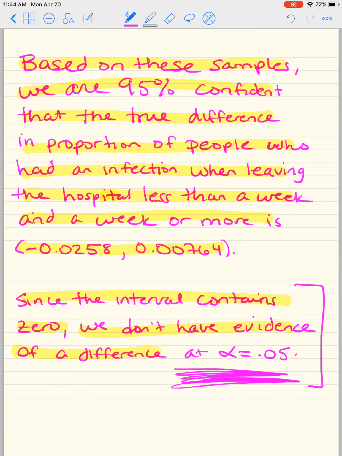Typically, they ask this as a part B or as a separate part. So this is our conclusion. You should take a look and say, negative and positive means it contains 0, so we do not have evidence to suggest there's a difference. If it was all positive or all negative, then we do have evidence.